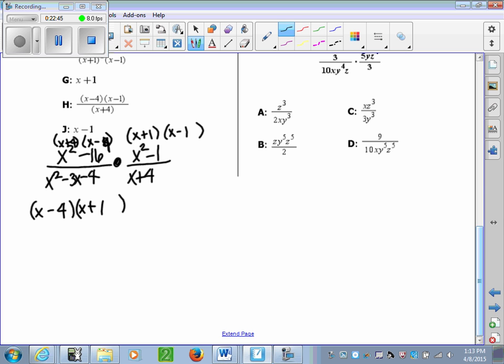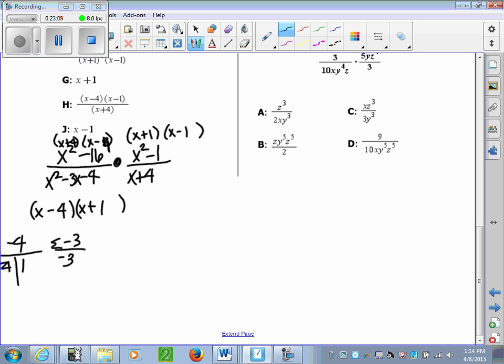Multiply together, your negative 4 and positive 1 gives you your negative 4. Added together gives you your negative 3. So that's where those two factors came from.